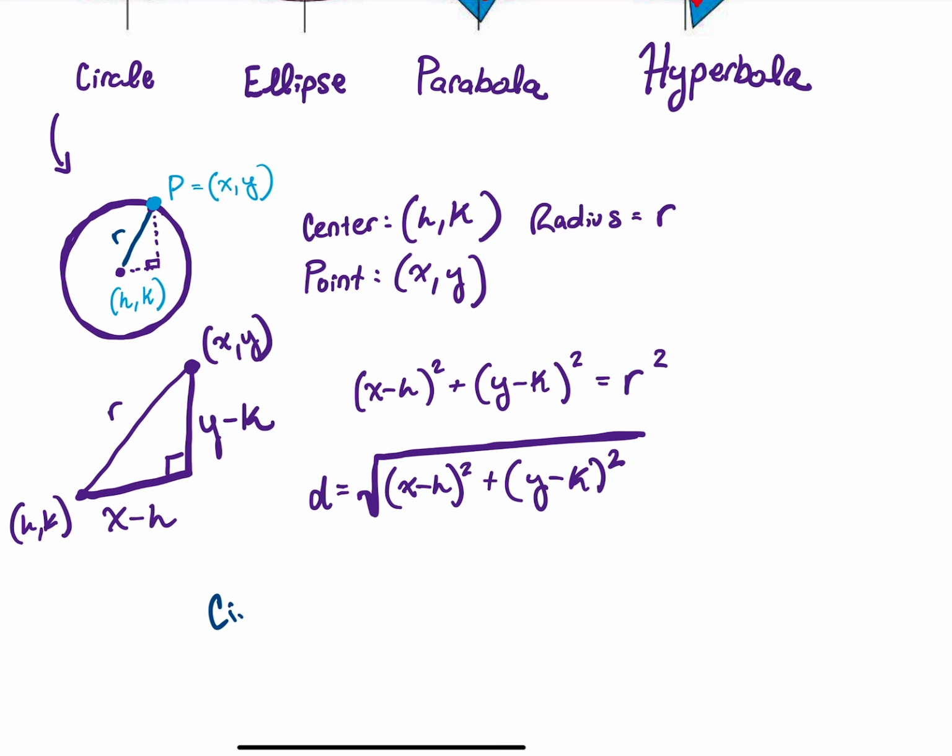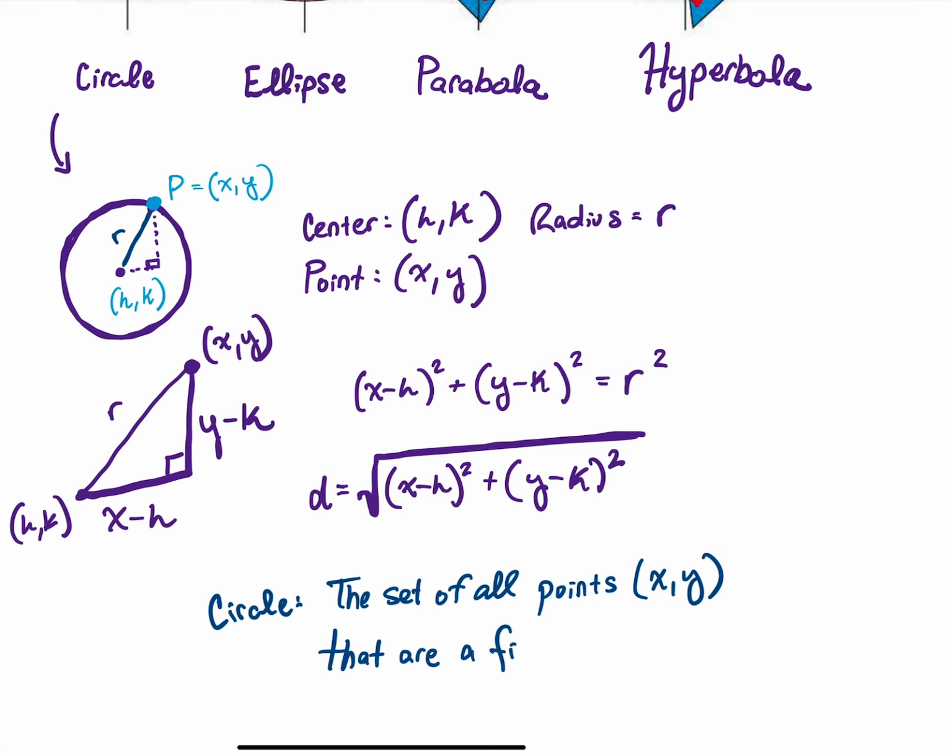And describe a circle as the set of all points x, y that are a fixed distance r away from that center point h, k.